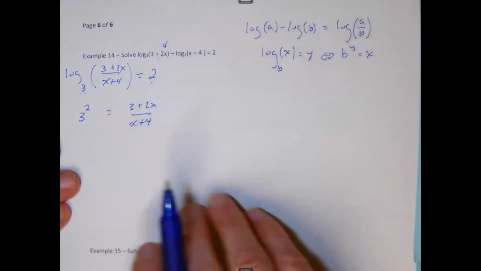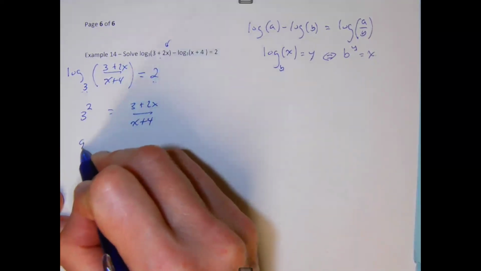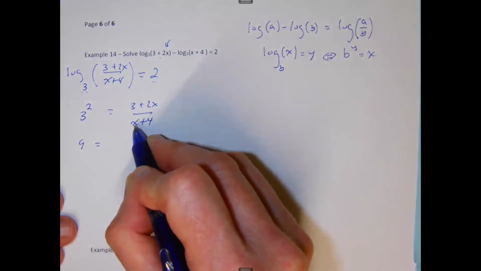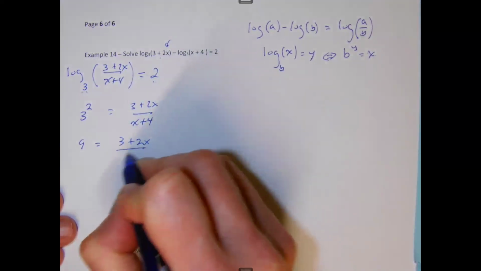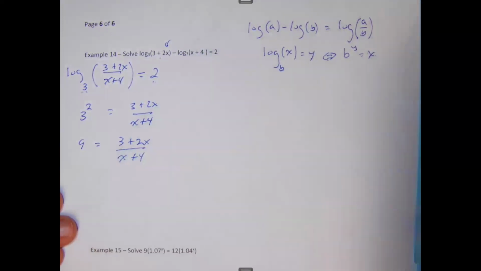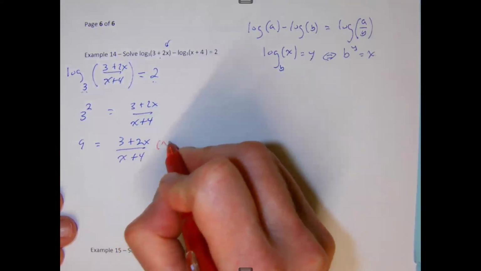And now I have, again, a rational function. So I just need to get it so this variable x is not sitting in the denominator. And the only way to do that is to multiply both sides by this denominator.